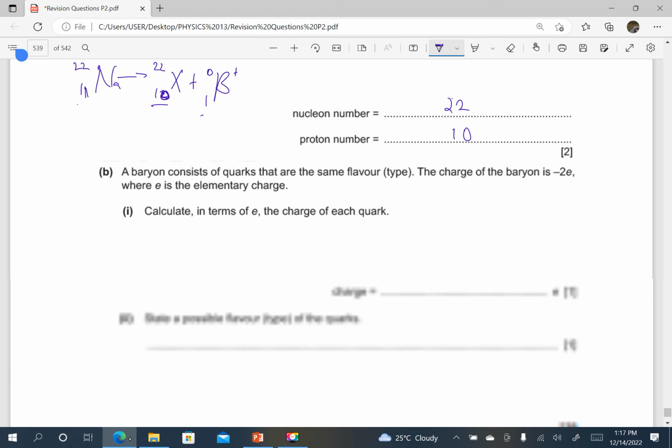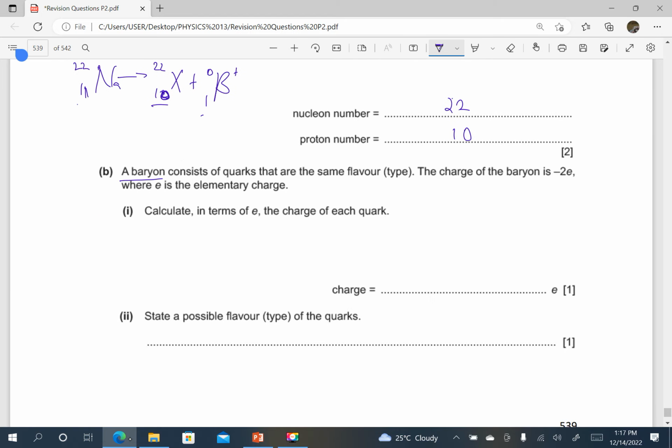A baryon consists of quarks that are the same flavor type. The charge of the baryon is -2e. They are the same flavor type, so they have the same charge, because they are identical. Where e is the elementary charge. Calculate in terms of e the charge of each quark.